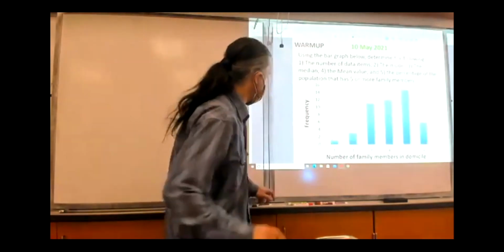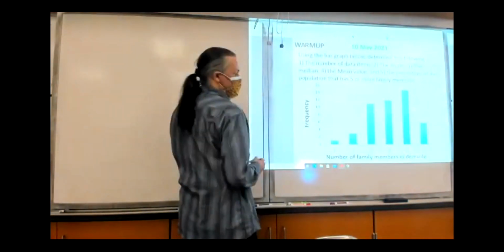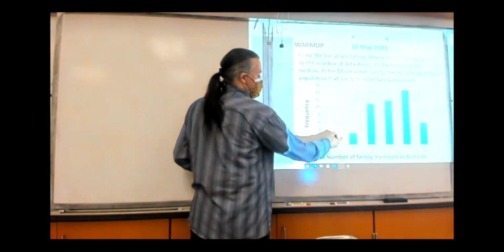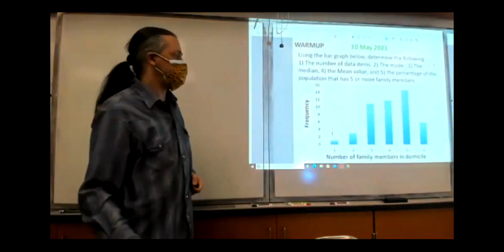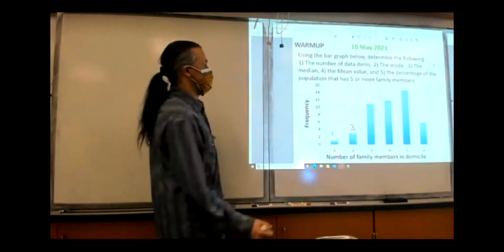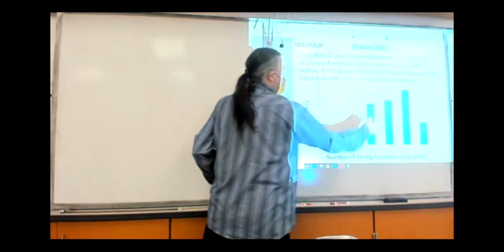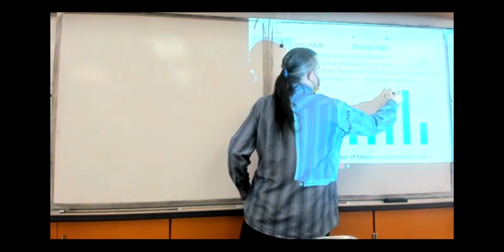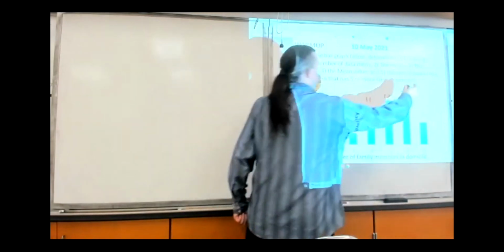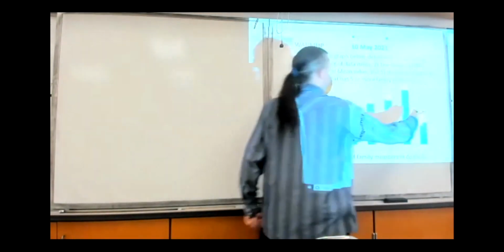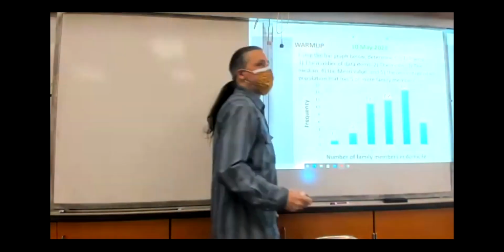So it looks like there's one 1-member domicile. Looks like there's 3 2-member domiciles, 11 3-member domiciles, and then 12 4-member domiciles, 15 5-member domiciles, and it looks like there's only 6 6-member domiciles.